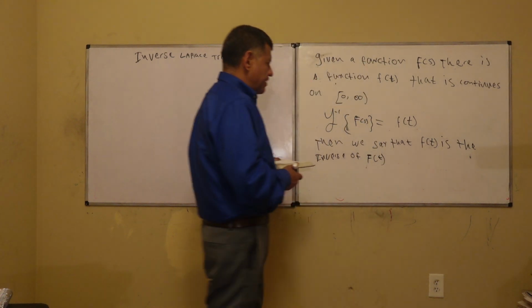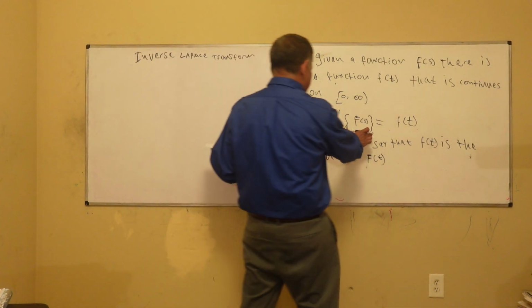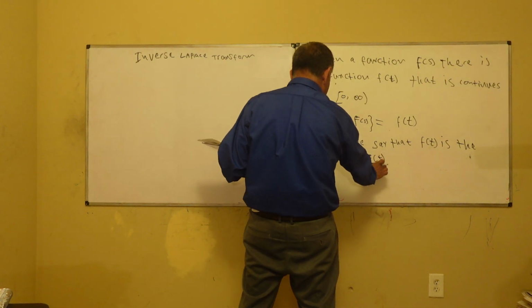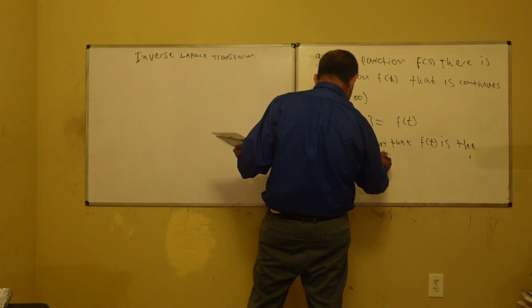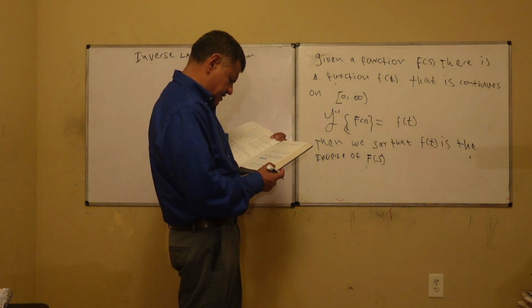I think the book explains it better, because technically you're given F of s, then you find f of t. So f of t is the inverse of F of s. Right here, that's what it says.